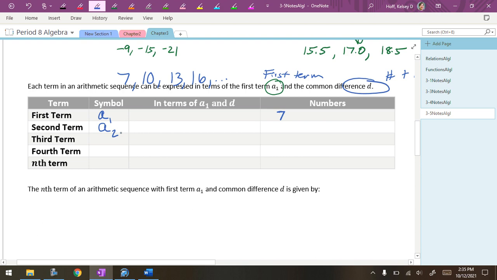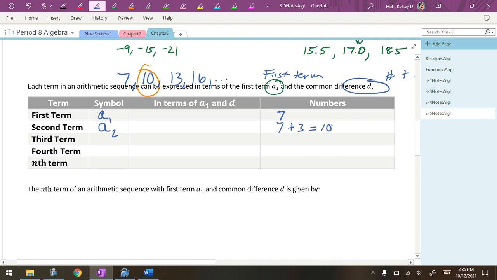We're going to come back to this. Go to the numbers. How could I represent my number 10 by using only the first number and the common difference? What's our first number? 7. What's our common difference? 3, right? And everybody agrees 7 plus 3 would give me 10. Everybody follow me so far?